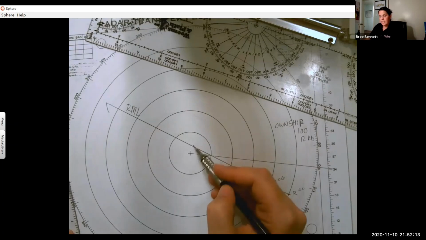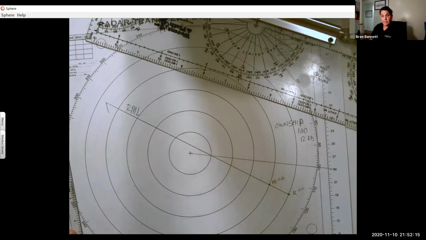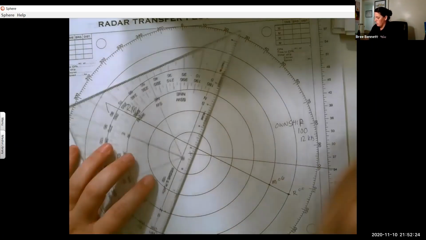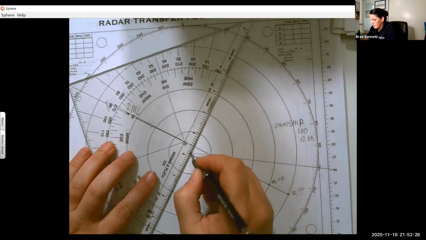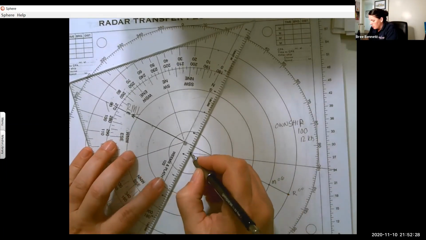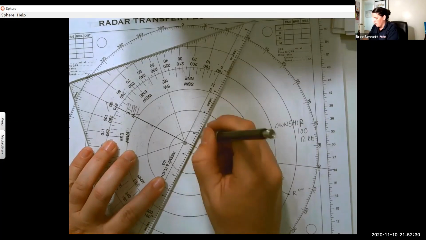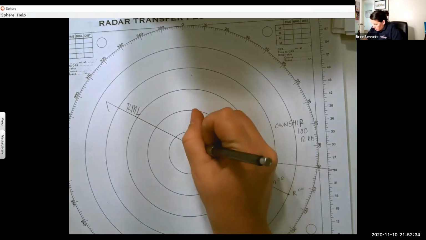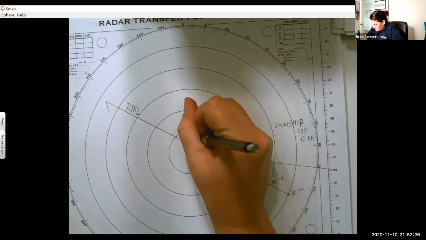So I'm going to see what exactly my CPA is. Just R to M. So I'm going to use my triangle to get a perpendicular line. So my CPA, this would be my CPA.